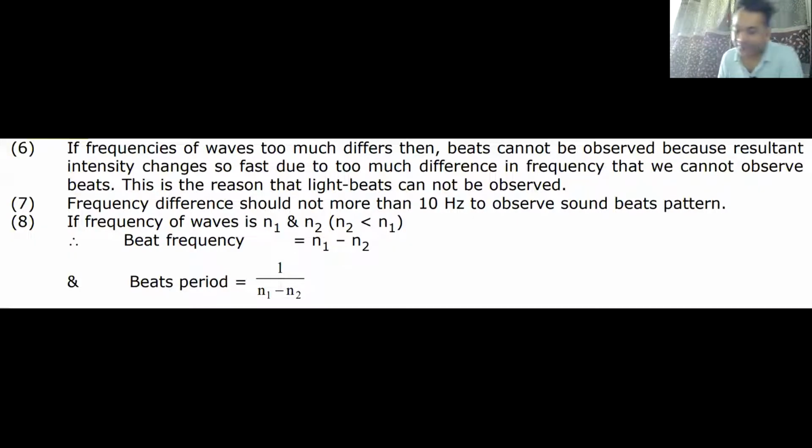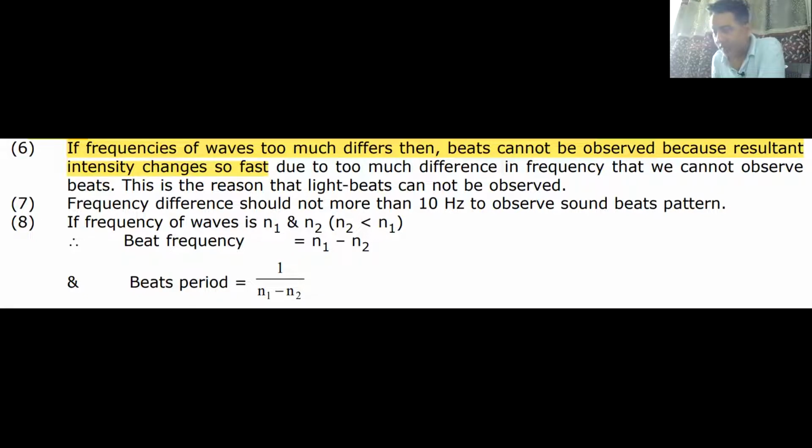So we have seen beat is interference in time. Now remember, if the frequencies of the waves differ too much, beats cannot be observed because the resultant intensity will change very fast.